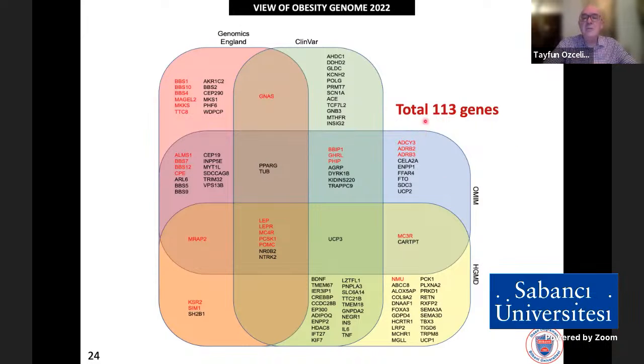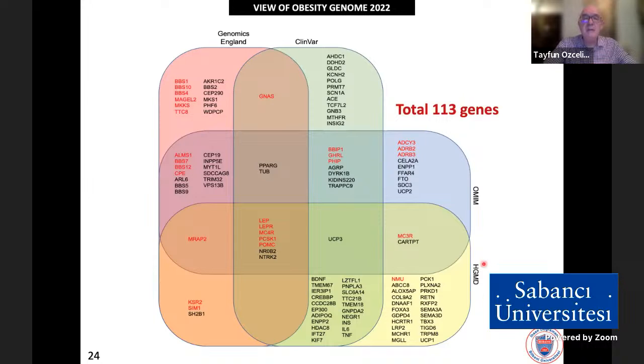Now, there are a total of 113 genes that have been reported in Genomics England, ClinVar, clinical variation, OMIM, Online Mendelian Inheritance in Man, and the Human Gene Mutation Database.